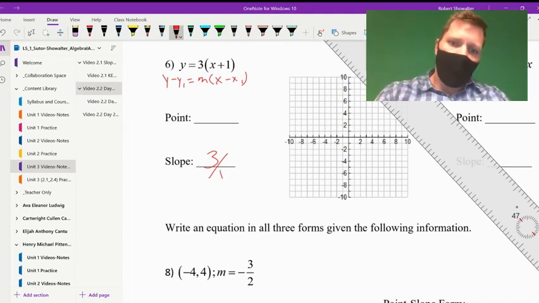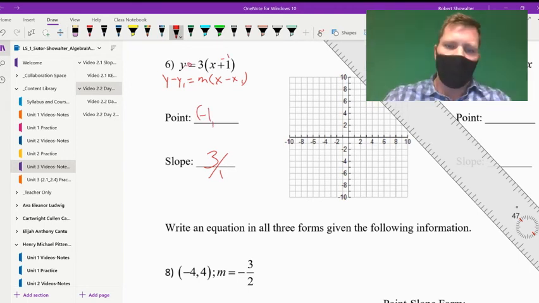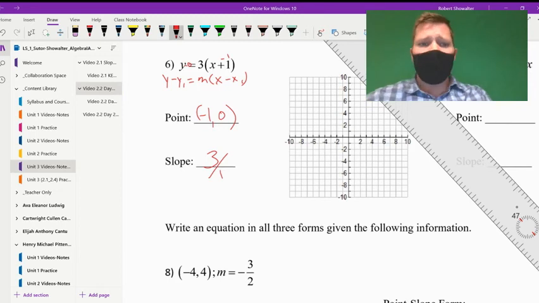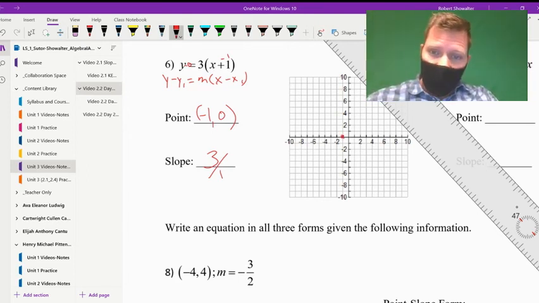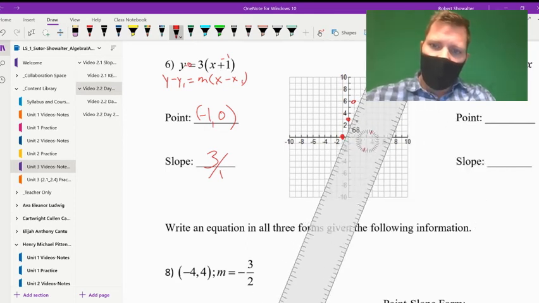Or we can read the point being minus minus, so the x coordinate would be -1, and the y coordinate is not written out there, but it's 0, because y minus 0 is just y. All right, now we have a new starting point, -1, 0. We use our slope from that: 1, 2, 3 to the right, up 1, 2, 3. And we go ahead and graph this.